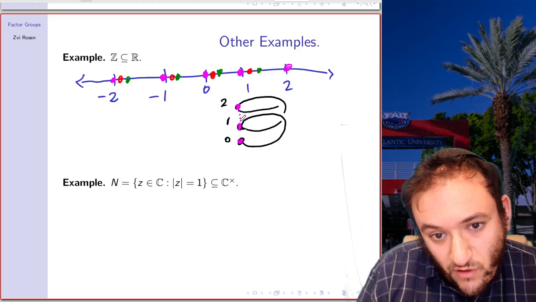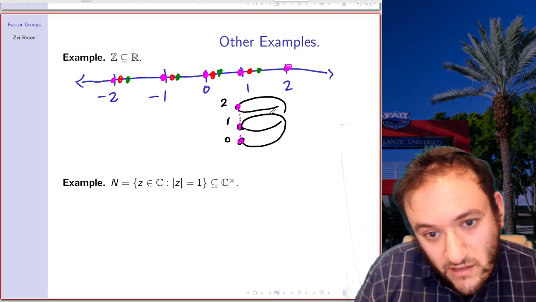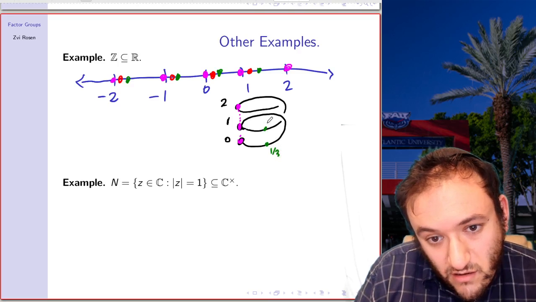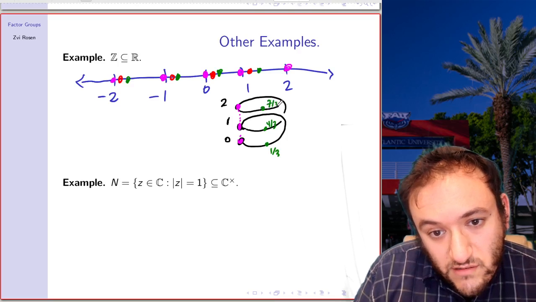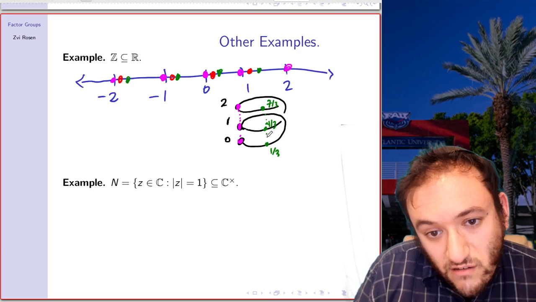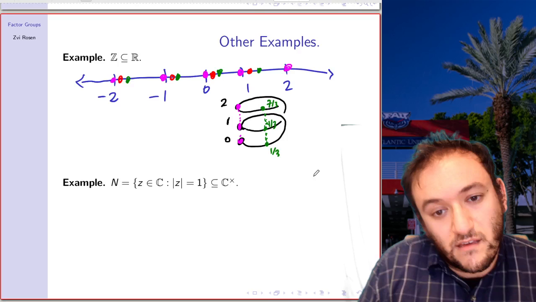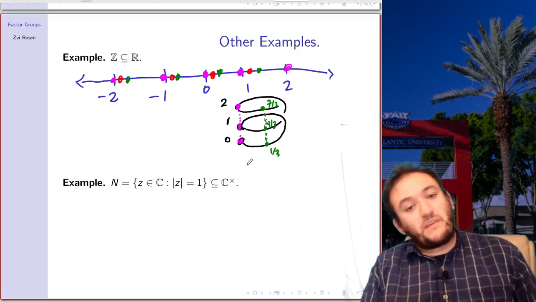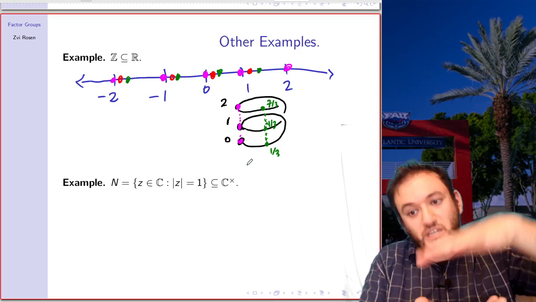So we have all of these are now identified. And similarly, if you take a third and 4/3 and 7/3, etc., now these are all identified. Okay? And so when we think about this quotient group, we're curling around R and then squishing it together into a circle.